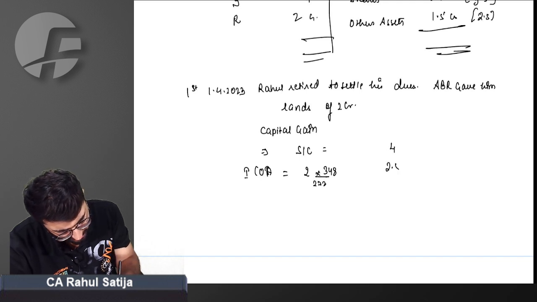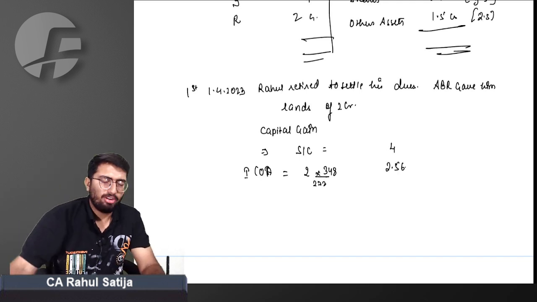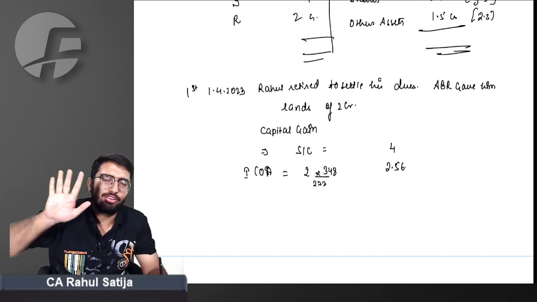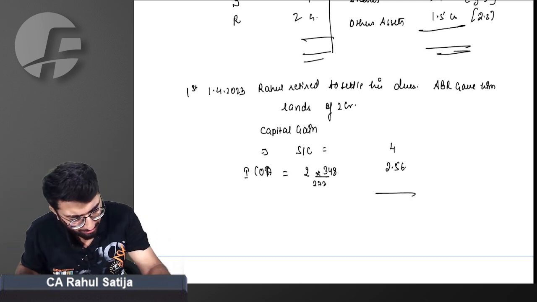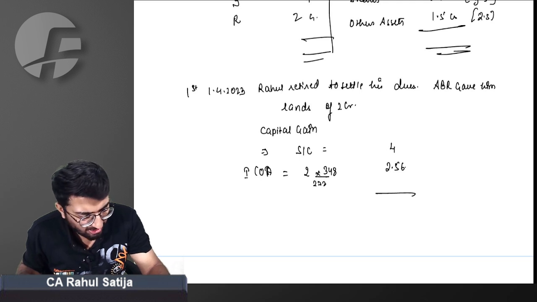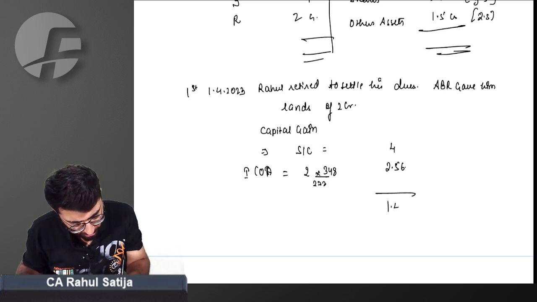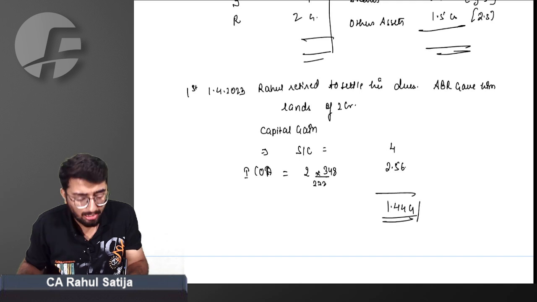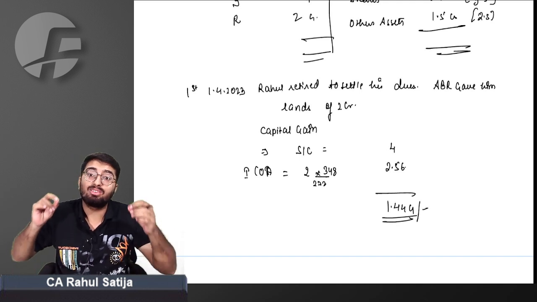Can I say 2.56? It is 2.55, but I'm saying 2.56. So the capital gain taxable in the hands of the firm was 1.44 CR.